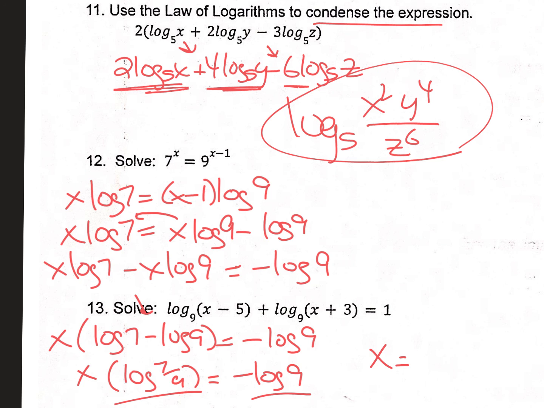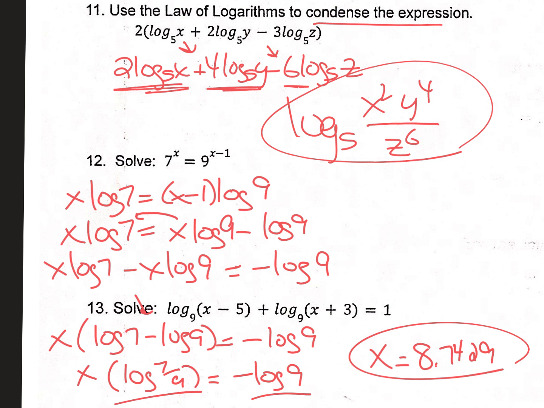So I'm taking my calculator right now. I'm hitting negative log 9, close your parentheses, divided by log 7/9, hit enter, and I'm getting 8.7429 for my solution. You want to punch it in, make sure you get that answer. Make sure you've got your calculator steps good.